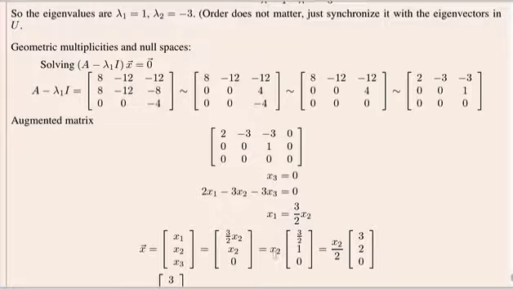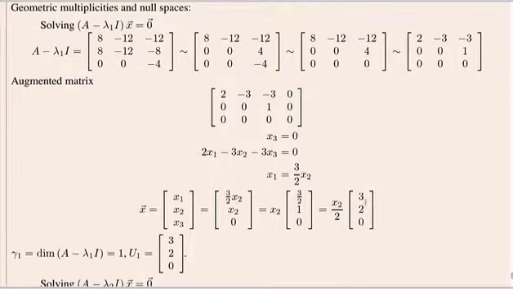Then we can factor out x2 to get 3 halves, 1, 0, or we can even factor out 1 half to get x2 over 2 times 3, 2, 0, in order to get a basis vector for the null space with integer entries. So we have that the geometric multiplicity of lambda 1, this gamma 1, is 1 because we have one basis vector.